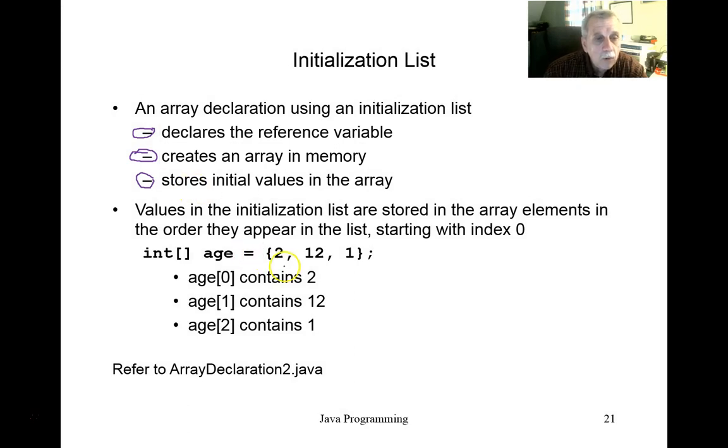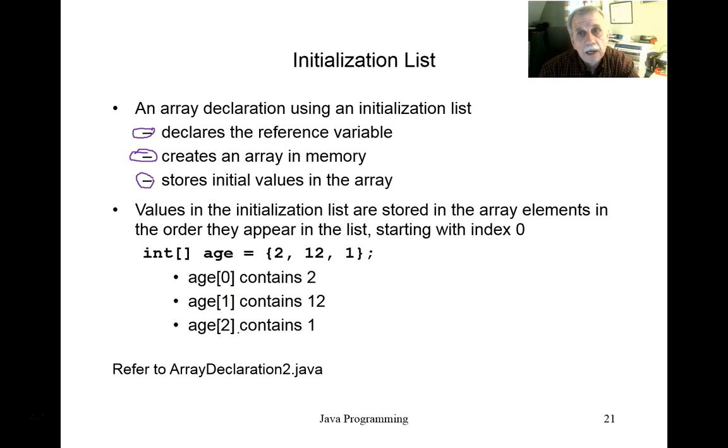So in our example, we had 3 values of 2, 12, and 1 listed in that order. So value 2 goes into the array subscript 0, value 12 goes into the array subscript 1, and value 1 into the array subscript 2.